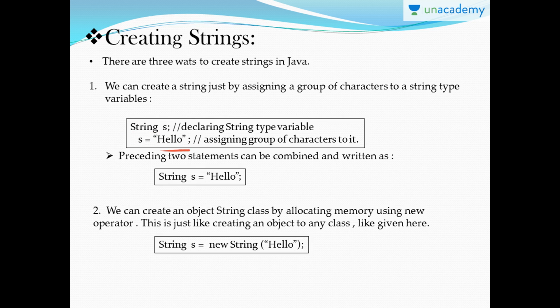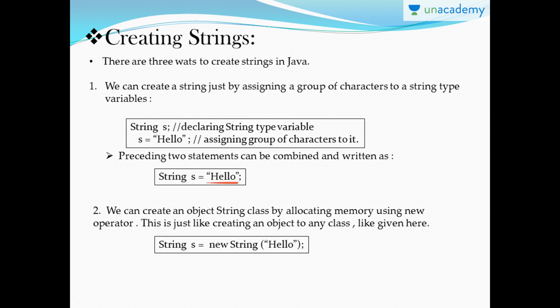I'm storing a group of characters, that is hello, in this s, which is again a variable of type string. This is the declaration part, and this is how you assign a group of characters to it. Both these statements can be written into a single statement like String s = "hello".